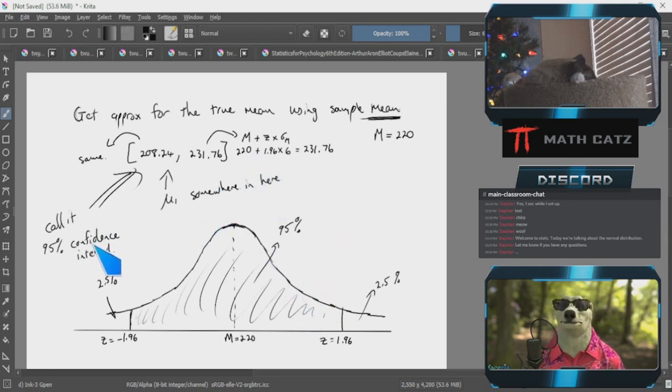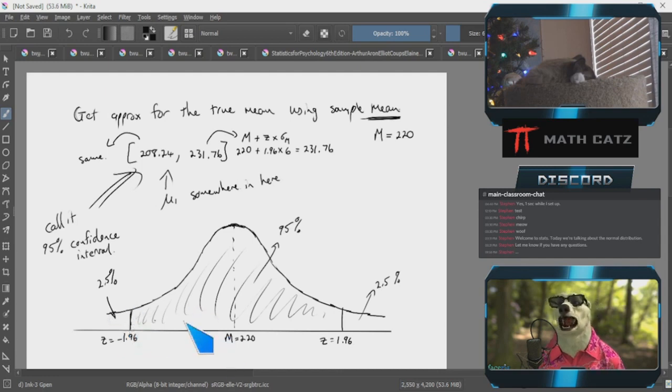So I'll say again, using our best guess of the mean, the sample mean of 220, we build an interval around that to have a 95% chance of containing the true population mean, because it contains 95% of all possible sample means.